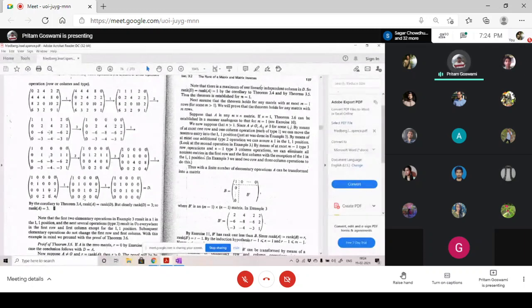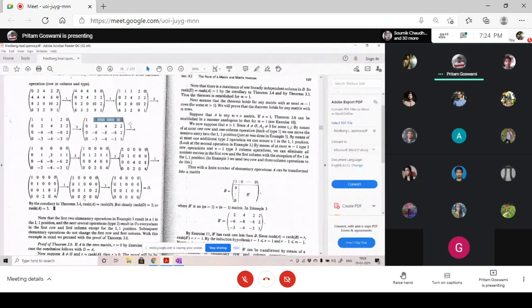And from here, they have done a column operation now. They made this element 0 also, right? Clear till now? Yes, sir.